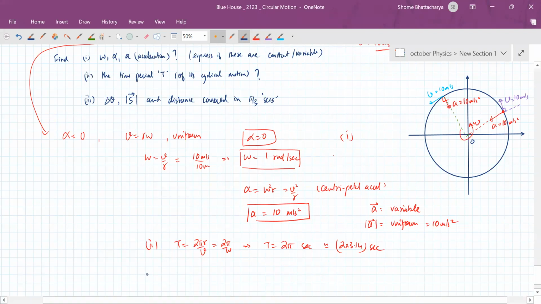Okay, now let's come to the third part. Angular displacement is going to be omega into time because omega is uniform. So angular displacement is going to be 1 into t in radians. So at t equal to pi by 3 seconds, the angular displacement is pi by 3 radians.